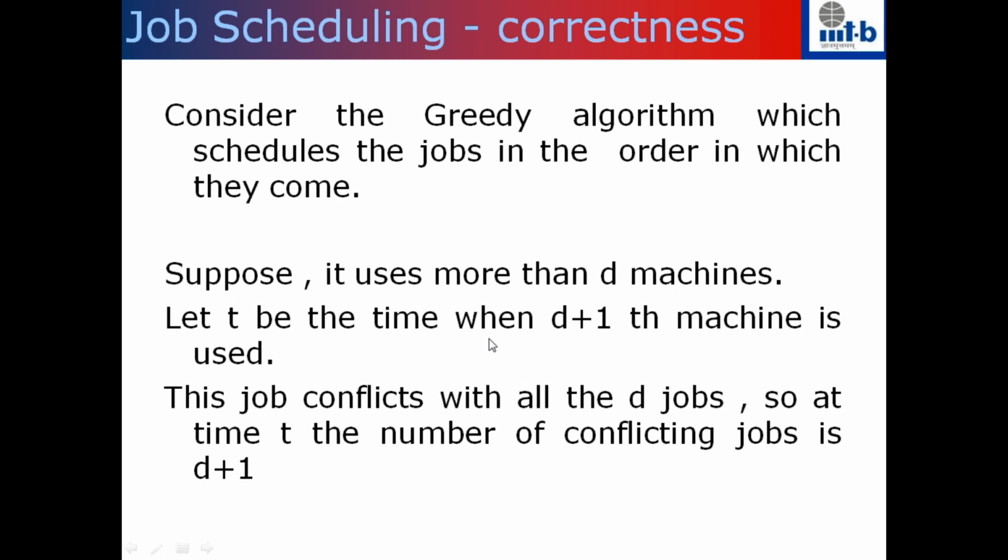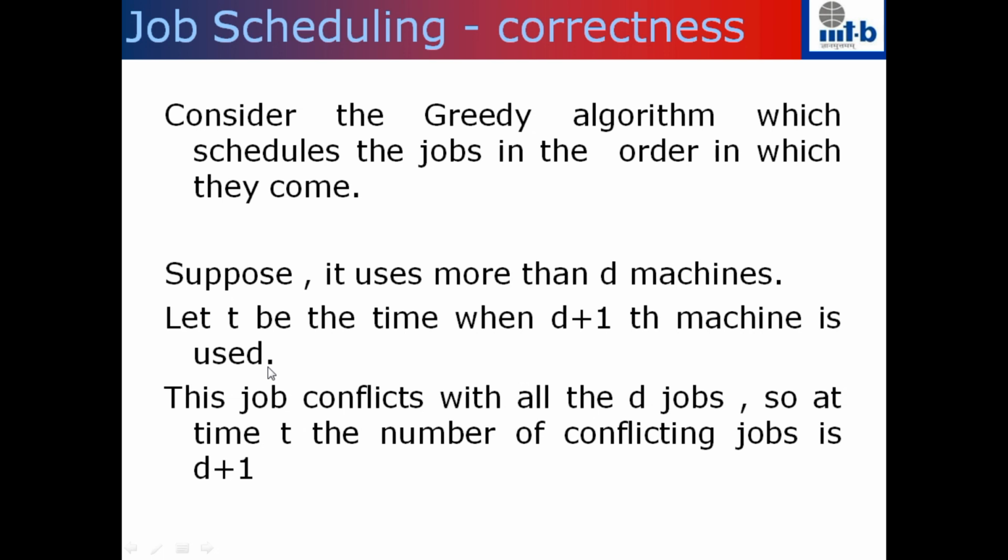Let t be the time when we ask for the d plus 1th machine, because the incoming job now cannot be scheduled on any of the d machines which are already there.